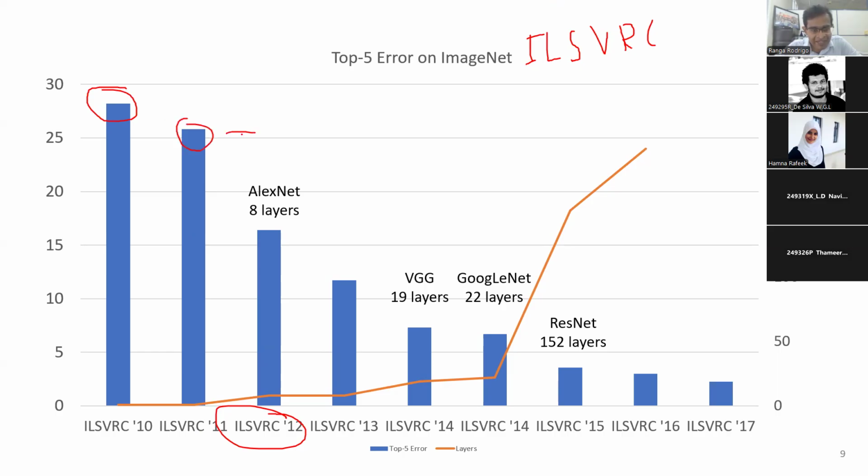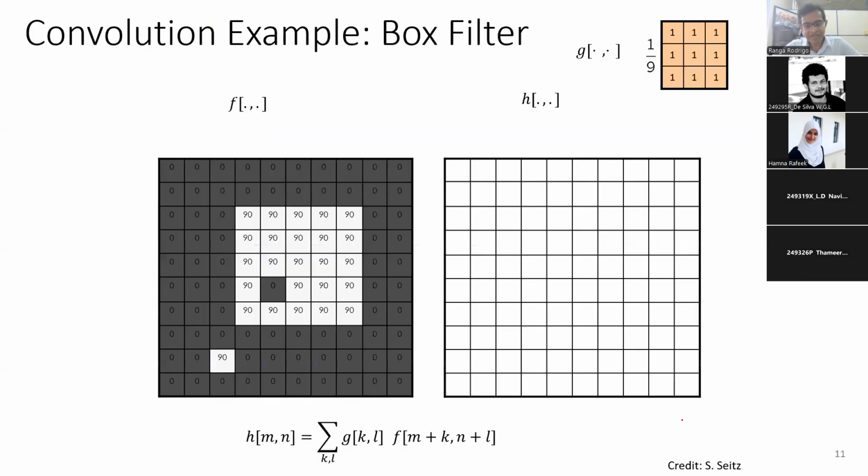But suddenly there was this big improvement in 2012 with AlexNet, and Geoffrey Hinton is the senior author of that, who won the Nobel Prize. Alex Krizhevsky, Ilya Sutskever, and Geoffrey Hinton. I don't know what happened to Alex. I have not looked into that, but Ilya Sutskever started OpenAI also. And then these errors kept on reducing as years passed by.